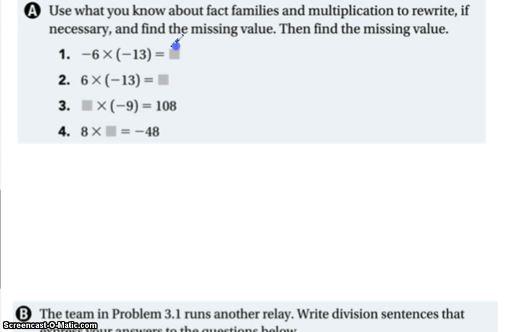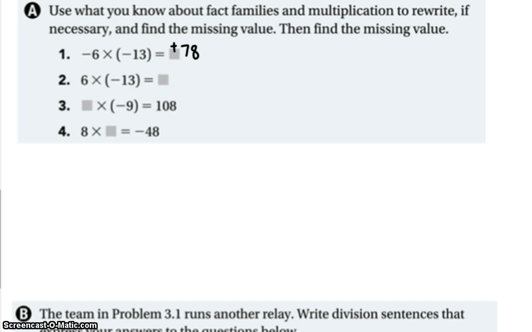So in question 1, my answer will be a positive, but then we have 6 times 13. Well, this does not need to be rewritten. I know that 6 times 13 is 78, and therefore negative 6 times a negative 13 would be a positive 78. We learned that yesterday when we talked about multiplication.